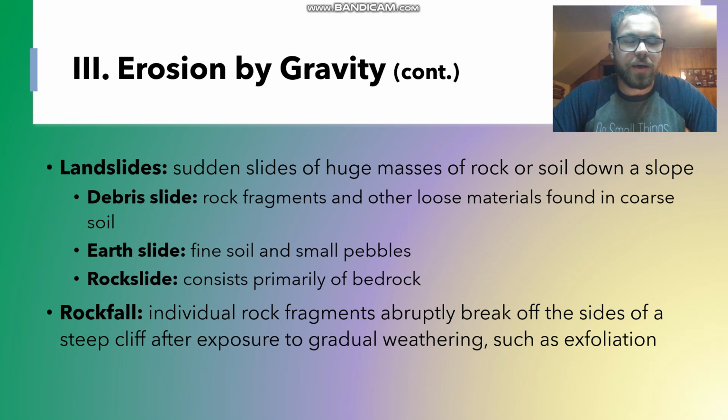That would be places that are prone to rock falls, or capable of rock falls, I should say. It doesn't necessarily mean that it'll happen, but they're capable of having those.